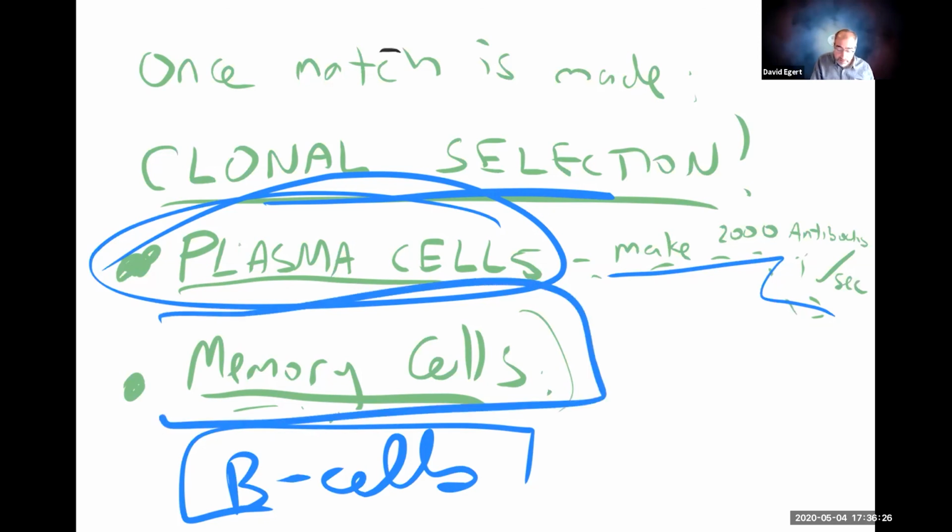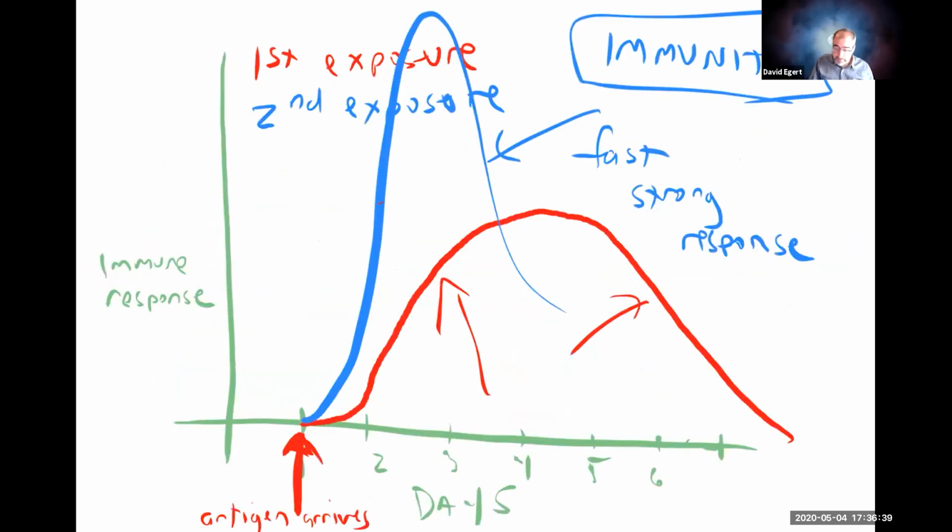Then you're going to make memory cells, which you squirrel away for a rainy day when you get exposed to that same antigen in the future. And again, that's the idea of immunity. Once you have memory cells, if you see the same thing, you have a really fast, strong response, so you take it out of commission before you ever get sick, which is nice.